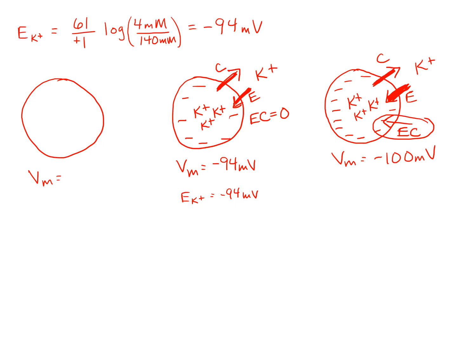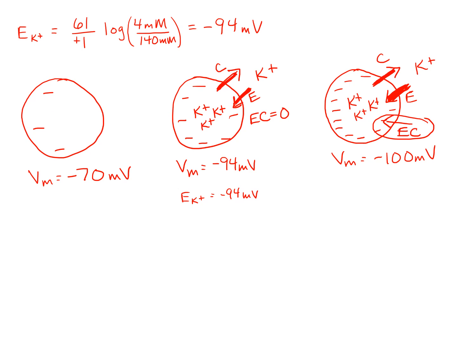Okay, and let's do one more example. Let's say that we set the membrane potential to the resting membrane potential at minus 70 millivolts. So when I draw my membrane potential, we're going to draw not as many negatives compared to what we had at minus 94 millivolts, because at minus 70 millivolts we have less negative charges than we did at minus 94 millivolts.